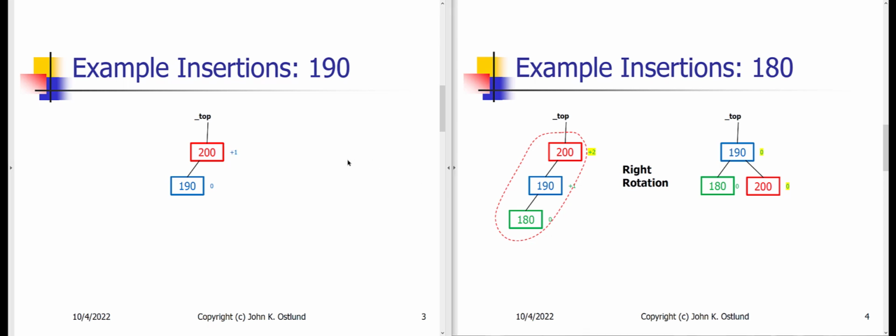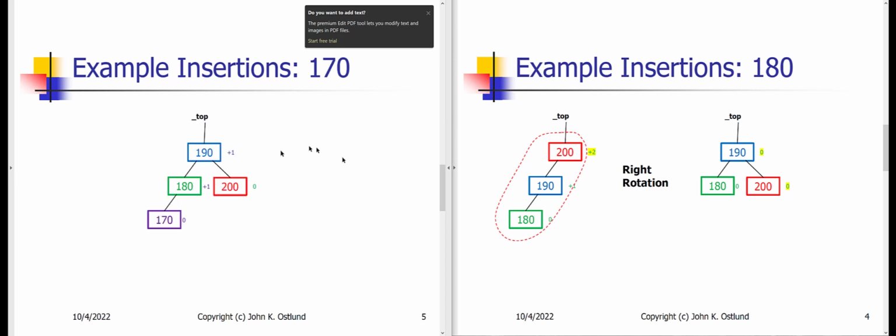So that's 3 nodes. Now, when we add our next value, 170, well, 170 is less than 190, 170 is less than 180, so the new node gets added down here. And notice that as we traverse up through the ancestors, we add 1 to the 180, we add 1 to the 190, and now we're at the top of the tree, so there's no further place that we can go.